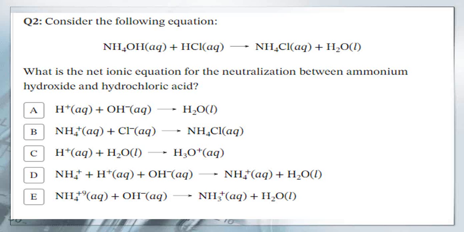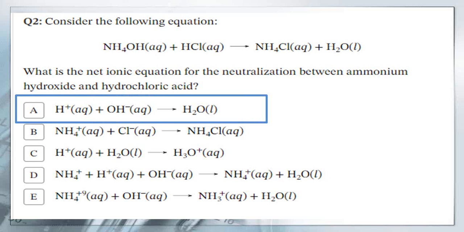When you look at our choices, we have water alone in the product, and in the reactant we have the H plus ion and the hydroxide ion to form water.